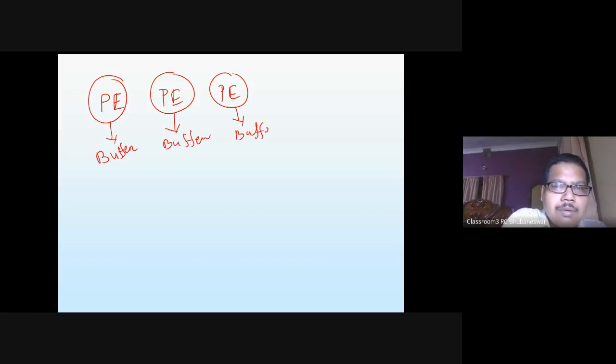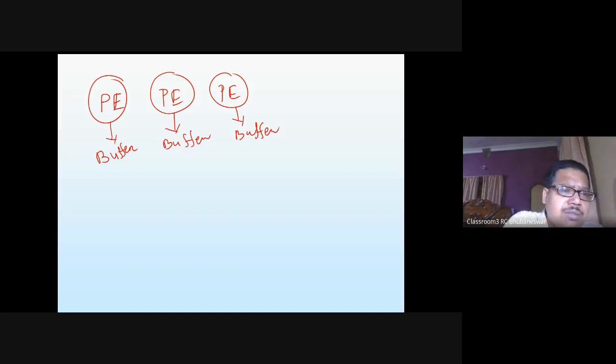So here we can identify that these systems are connected to the buffers, and depending on the situation and their space, they can store their results.